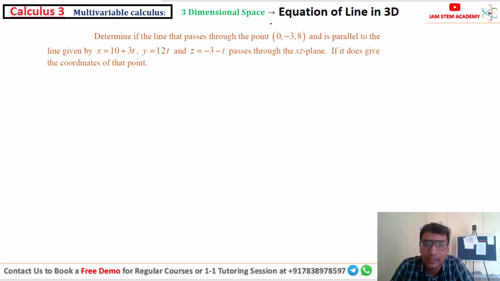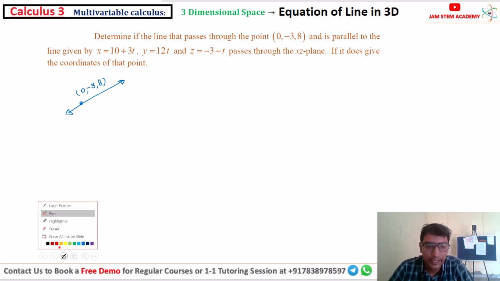We have one point also lying on our required line. So let's say this is our required line, and we know one point lying on this line. What is that? 0, minus 3 and 8. In order to find the equation of this line, what I need is a direction vector.